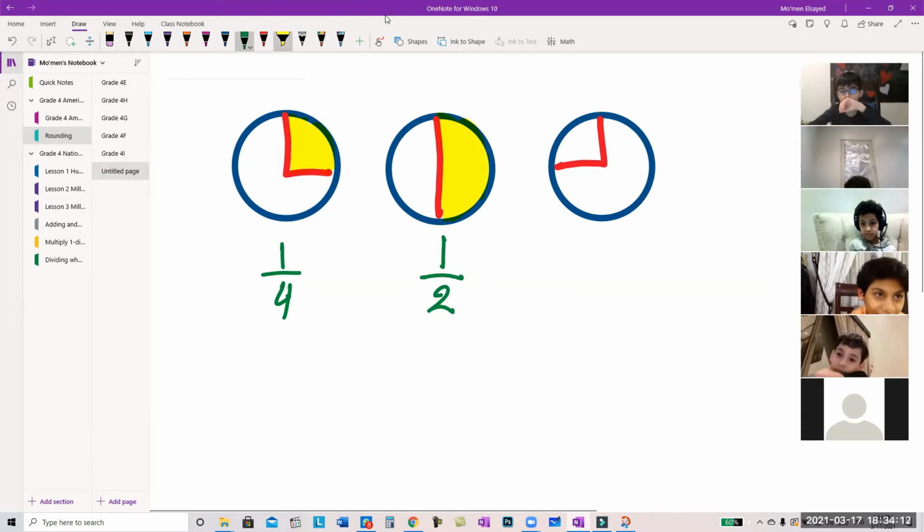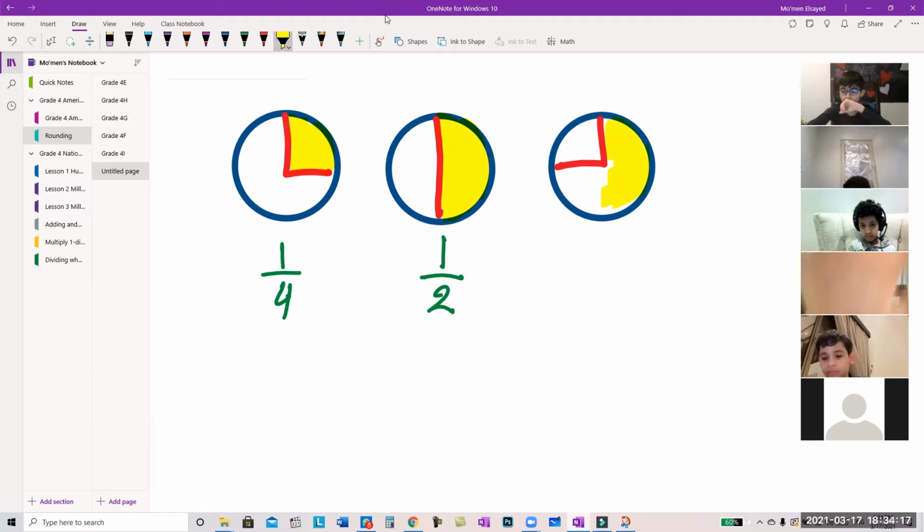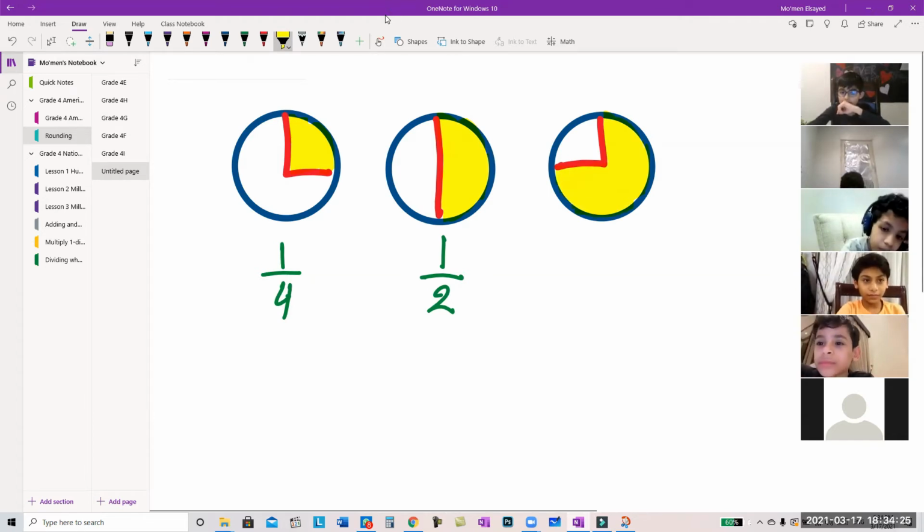Okay. What about the third one? What does this fraction, or this shaded part, represent here?